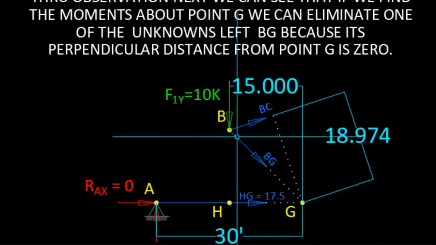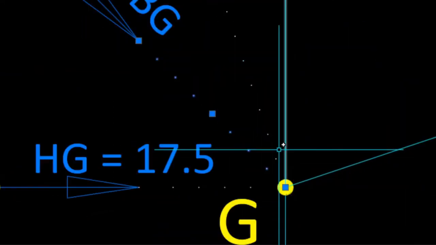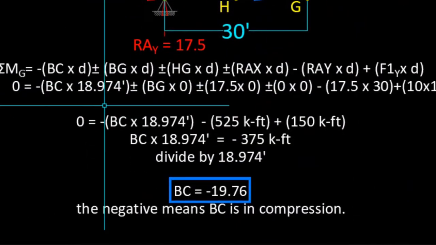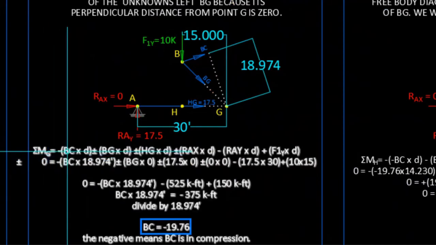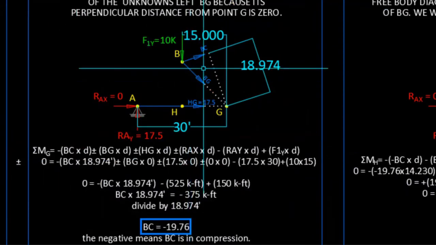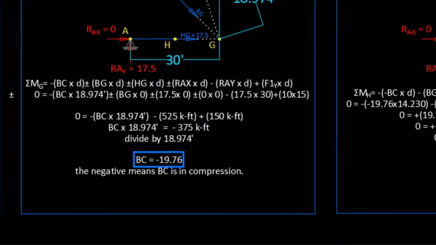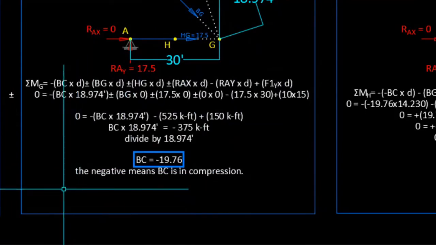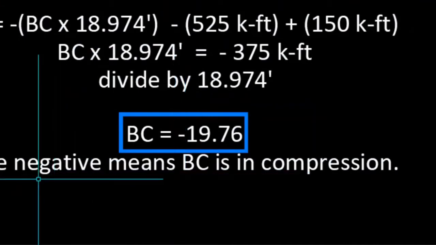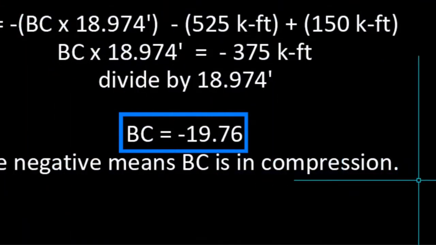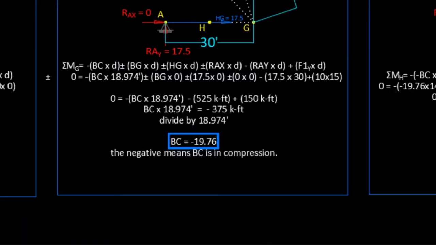Or once again, we can see that the line of action passes right through point G. Once again, we plug in the forces and their perpendicular distances, along with their respective rotations about point G, and find that BC is equal to negative 19.76. Same thing here, if we have a negative number, this means that BC is in compression.